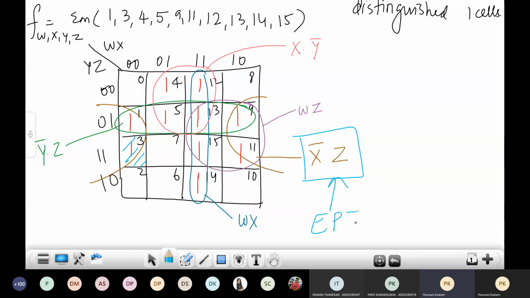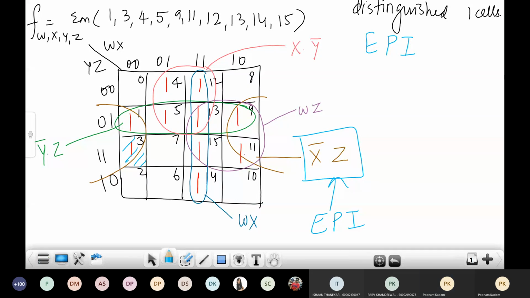I've introduced two terms here, distinguished one cell and essential prime implicant. Essential prime implicants are those prime implicants which cover distinguished one cells. So we must include essential prime implicants in the minimal function, for sure, because otherwise those one cells will not get covered in the expression.